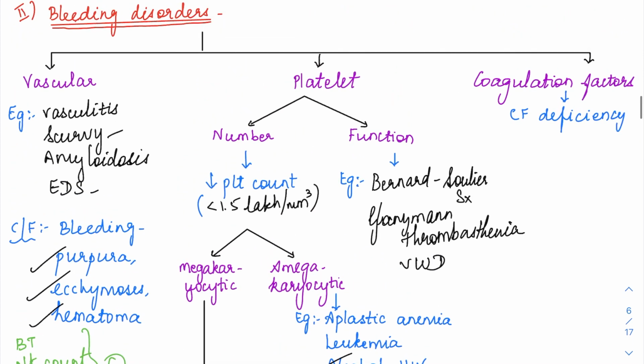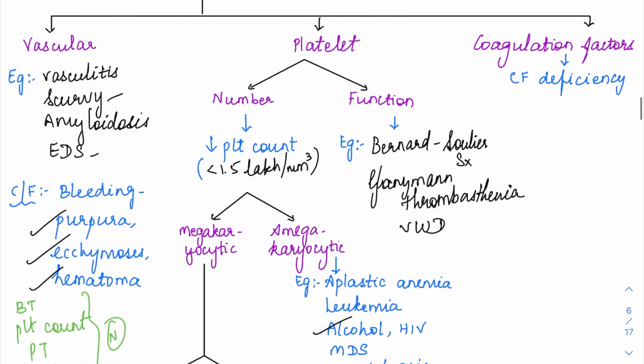While in a platelet related disorder, in platelet number deficiency, the platelet count will be decreased, while BT will be elevated, while PT and APTT will be normal. In platelet function disorders, the platelet count will be normal, but BT will be elevated since platelets are affected. Then PT and APTT will also be normal.